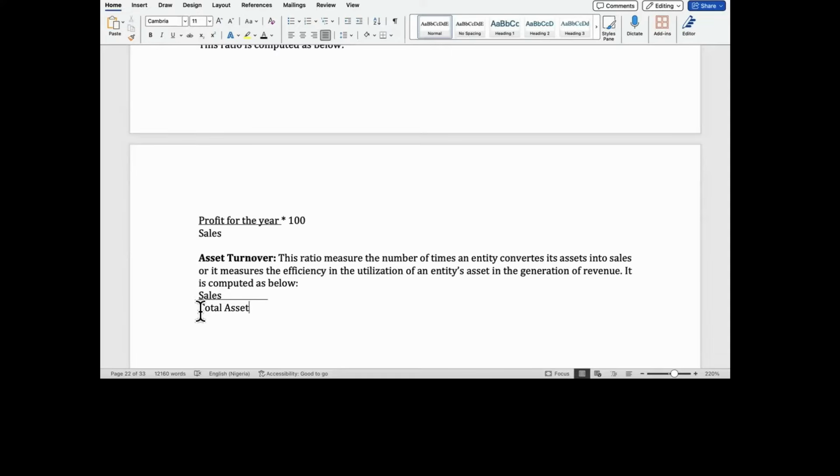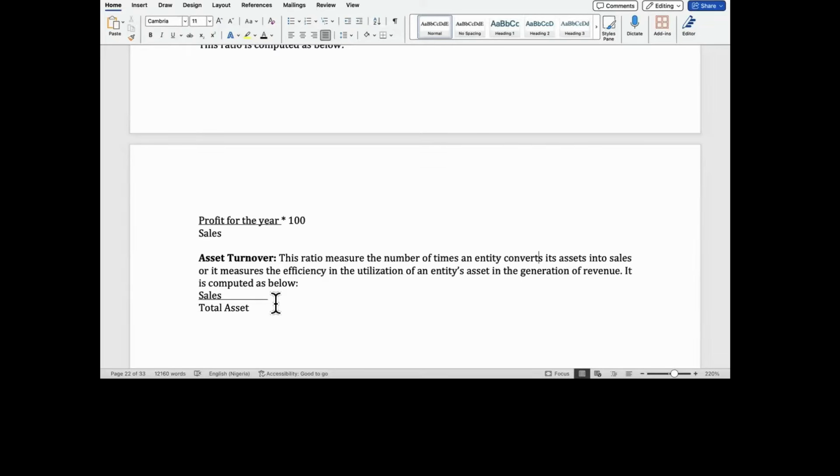So when you want to interpret the number of times an entity is able to convert its assets into sales, you are talking about volume. That means the entity is able to sell in large quantity. Probably their marketing activities are working, or they have the largest market share in that market, or their selling price is so low. That's the context you need to give.